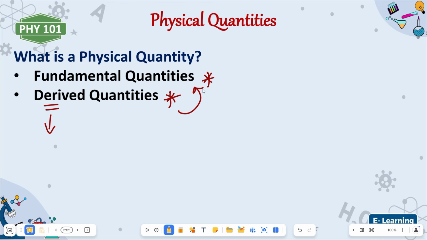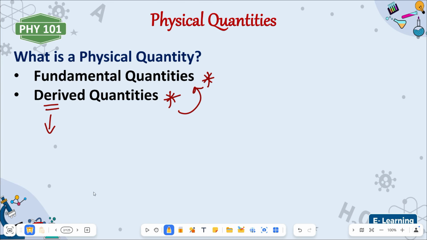So all quantities that are gotten from the fundamental quantities are the derived quantity. So we have two types of physical quantities. What are they? We have the fundamental quantities, and then we have the derived quantities. Those are the two basic types of physical quantity.